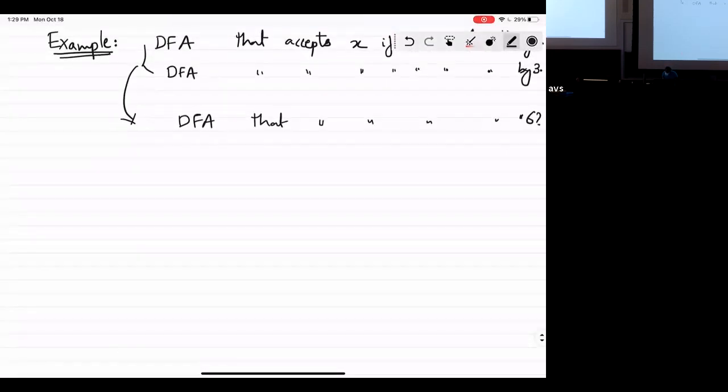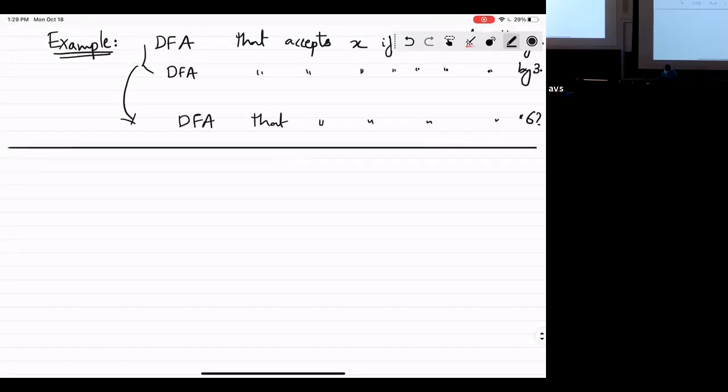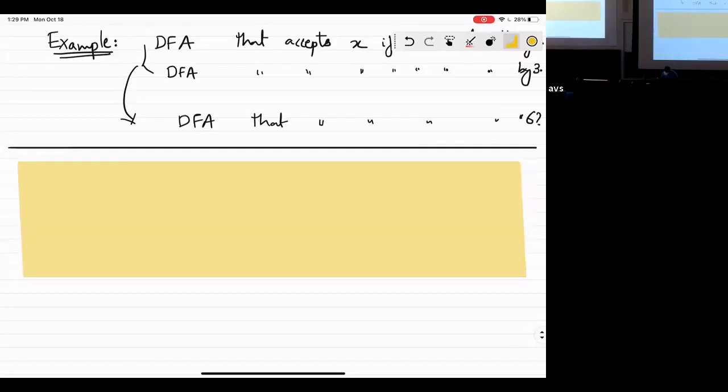Let's maybe be more specific about what we are trying to do. I have a DFA D1 on maybe some C1 states, which is given by a transition function T1 and a set of states S1.